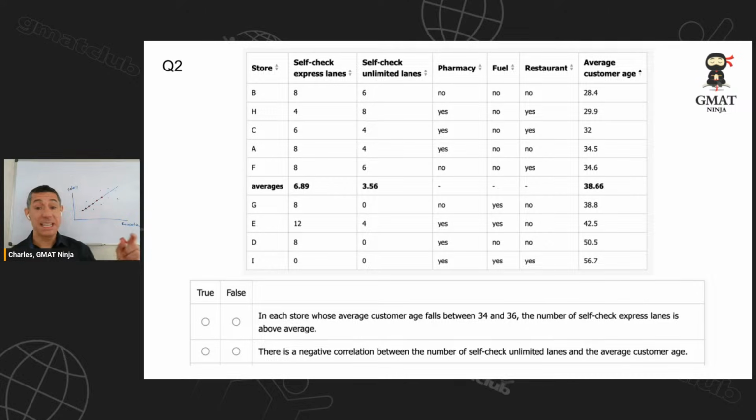That, my friends, is a correlation. It's a negative correlation. Don't confuse correlation with perfect relationship. And out of the live group, I saw, I think maybe more than half wrong answers here. And that's typical. So don't confuse correlation with perfect or linear or completely proportionate. The general trend here, older customers, fewer unlimited lanes. Perfect? No. But the answer to this one is absolutely true.